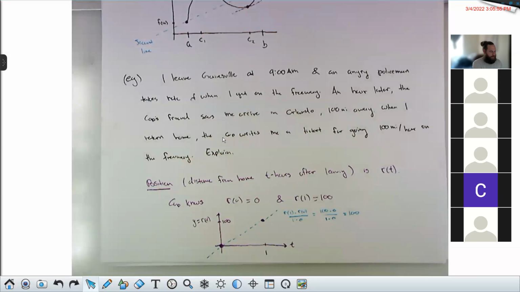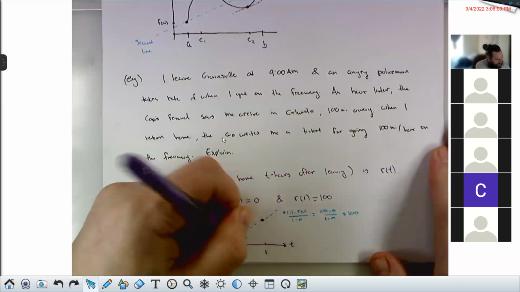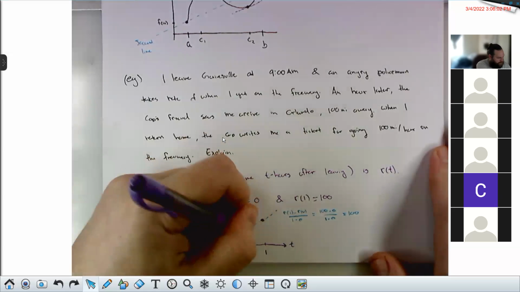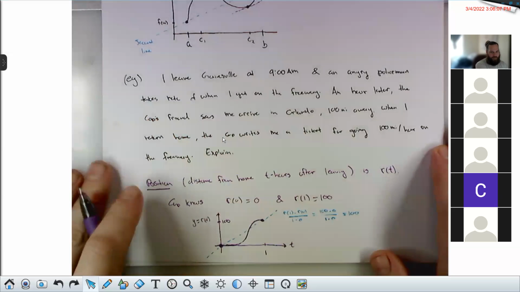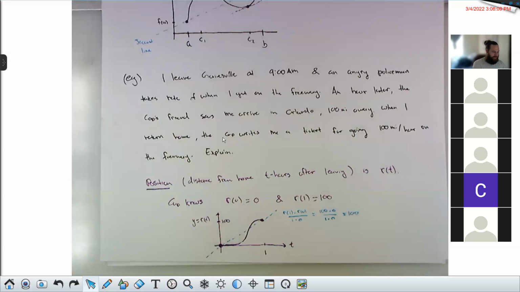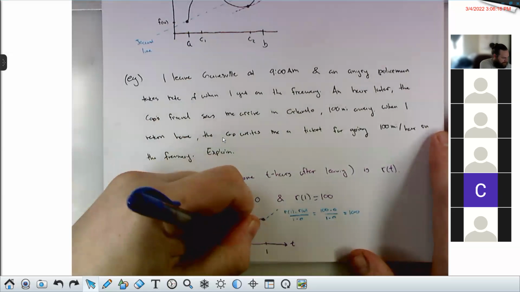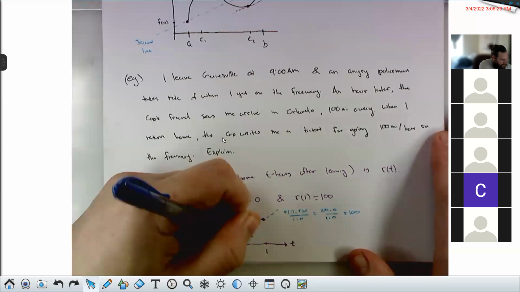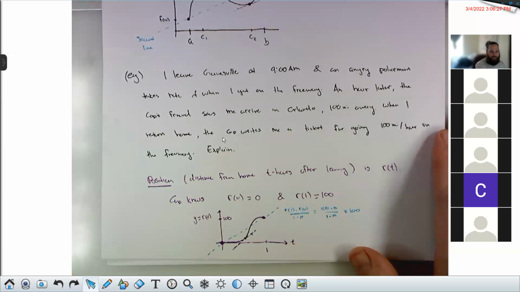So no matter how I was driving, maybe I came in here like this, going slow at first, and then I speed up, and then I get into Orlando like this. He knows that at least one point in there, I must have had a tangent line parallel to that secant line.